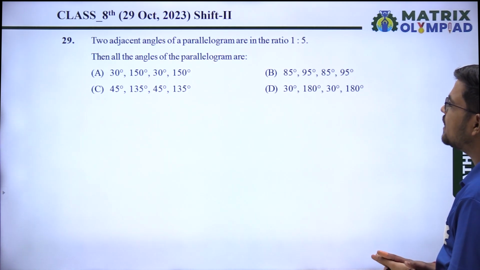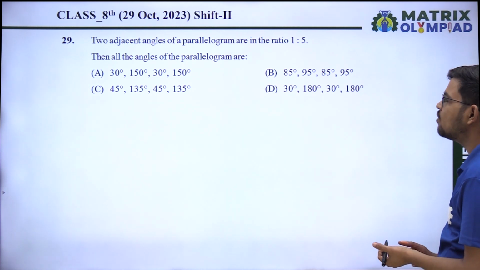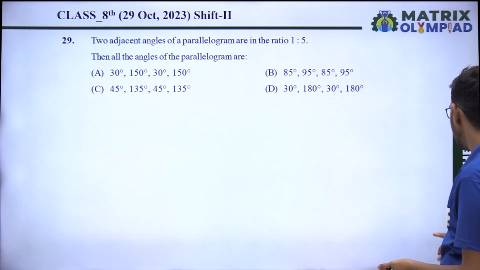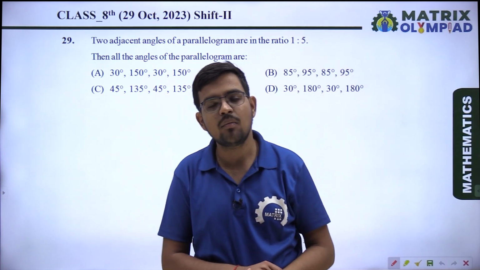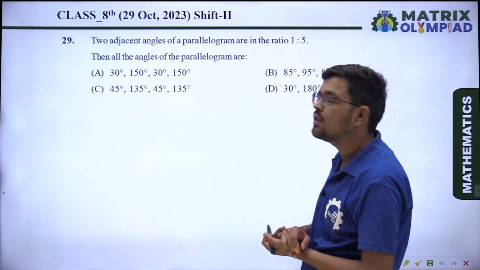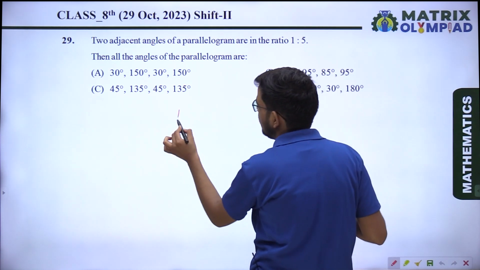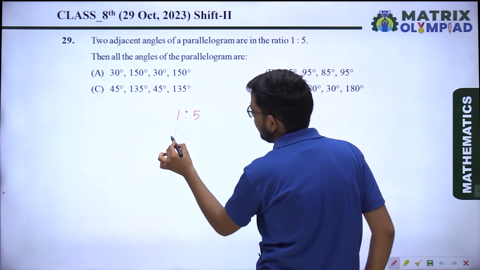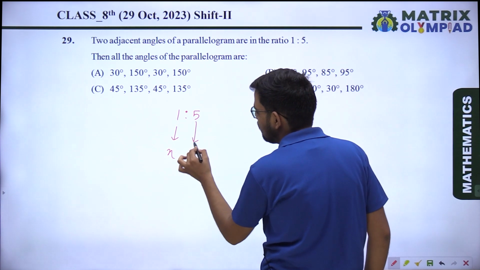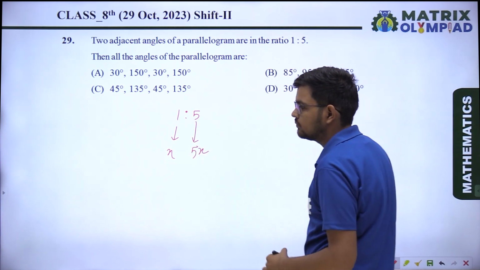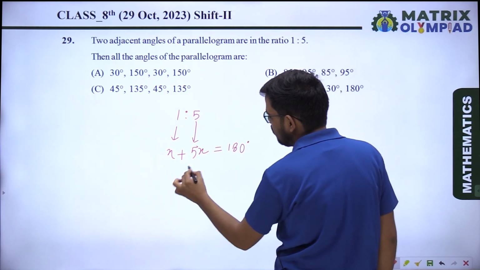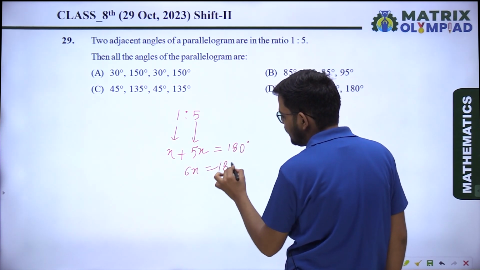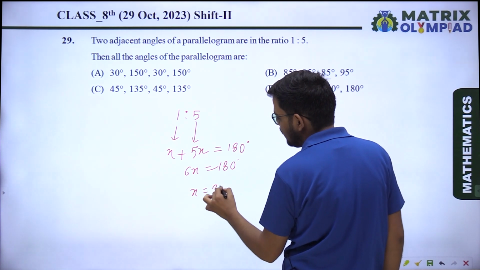Next question, two adjacent angles of a parallelogram are in the ratio 1:5. You know very well that opposite angles of a parallelogram are equal, and the sum of adjacent angles of a parallelogram is 180 degrees. So the ratio is 1:5, so the angles are X and 5X. The sum of these two angles will be 180 degrees. So 6X equals 180 degrees, X equals 30 degrees.